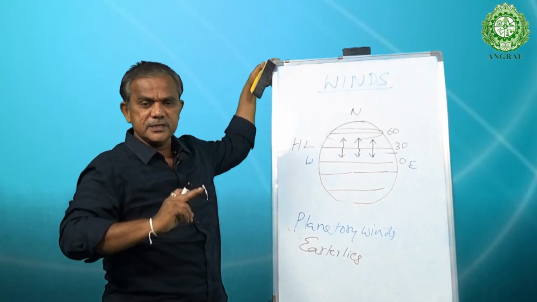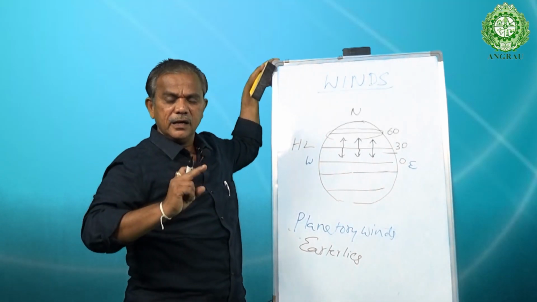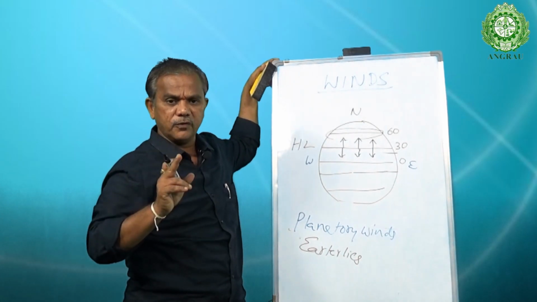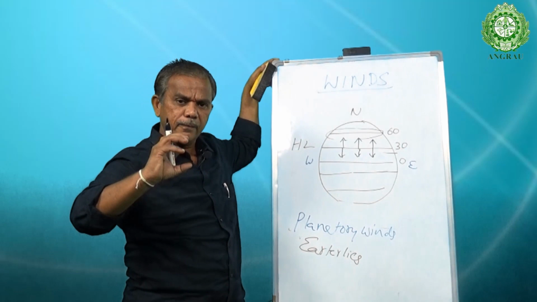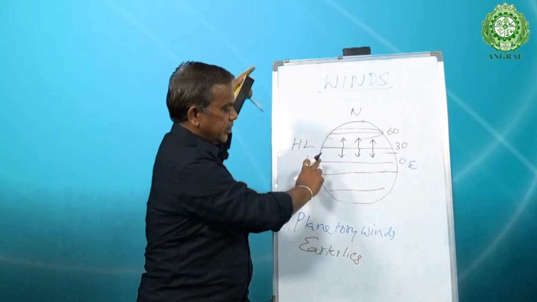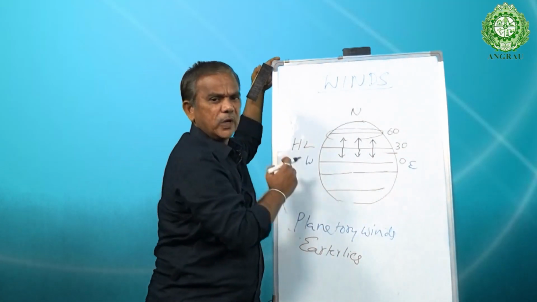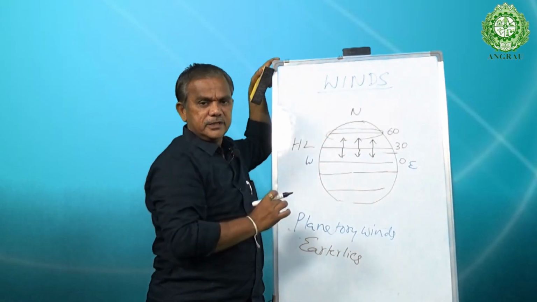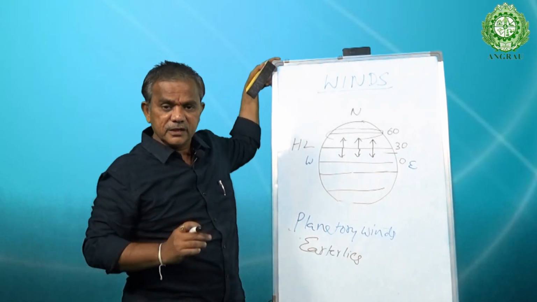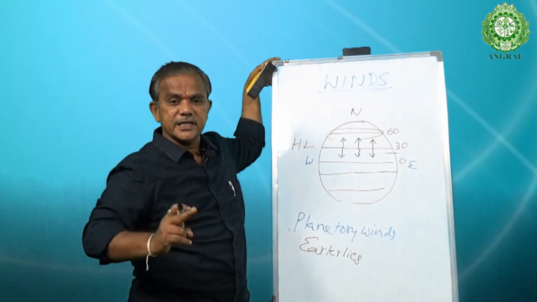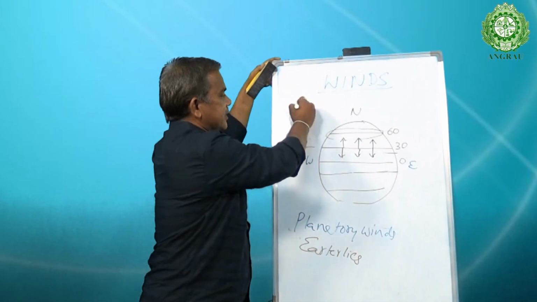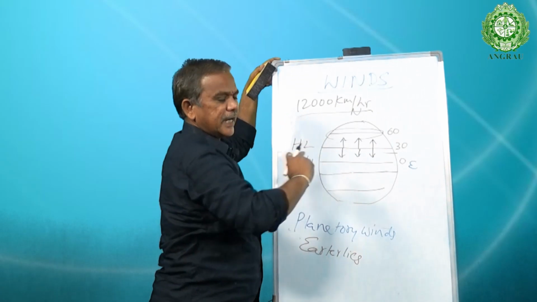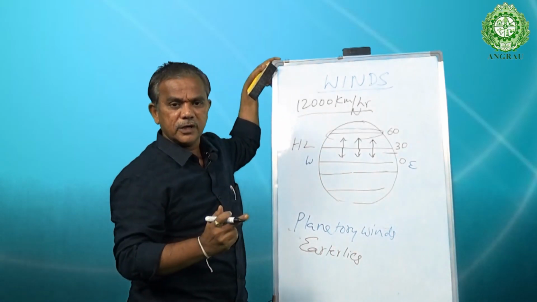But one thing that is happening is that the earth is spinning, making one rotation in 24 hours. Imagine the earth as a ball. The circumference of the earth is much wider compared to the polar regions, and it is estimated that it travels approximately 12,000 kilometers per hour at the equatorial part.